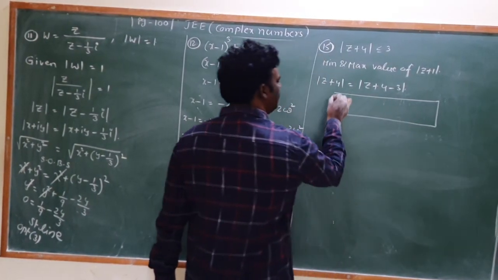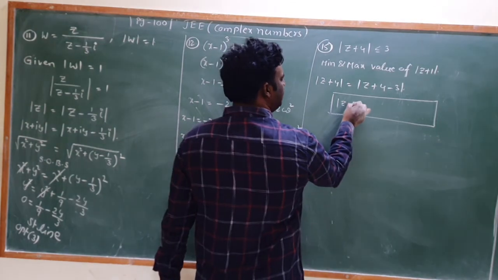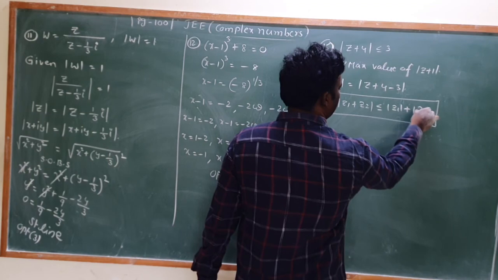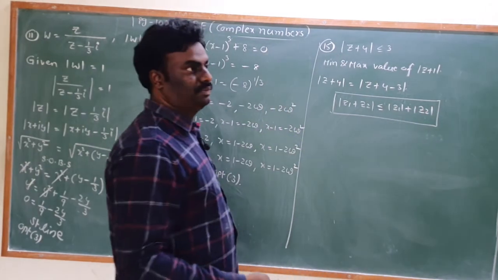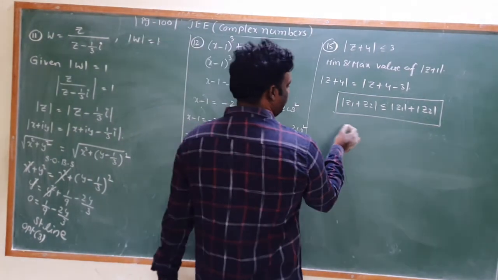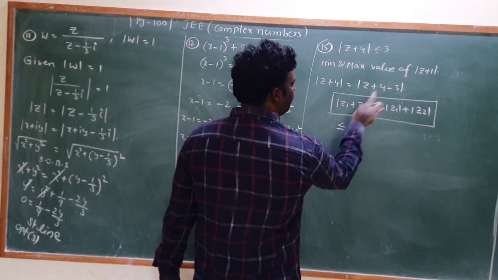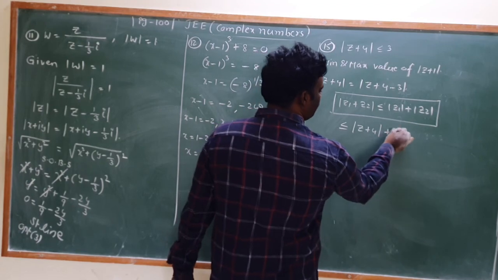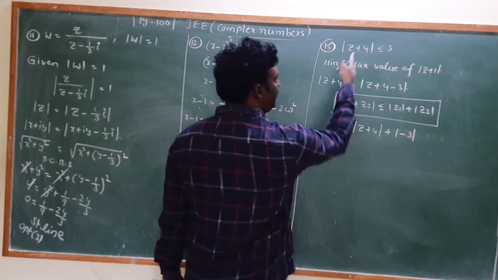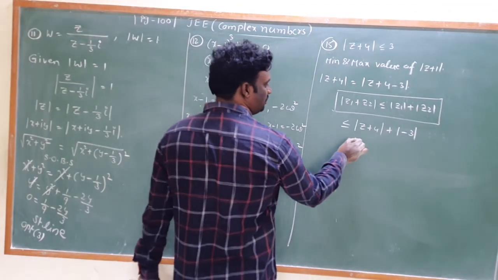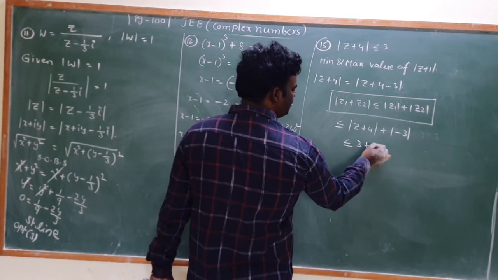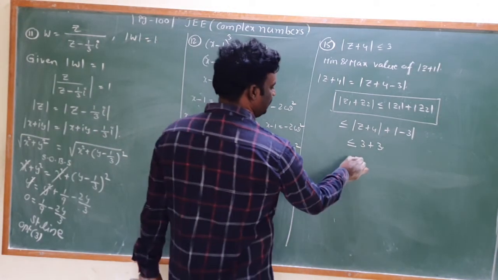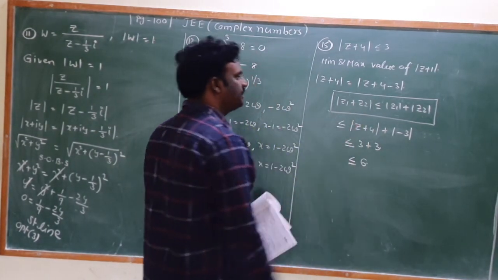So, we have one formula: modulus of z1 plus z2 is less than or equal to mod z1 plus mod z2. I am applying this concept. Therefore, that is less than or equal to mod z1, which means the first number, z plus 4, and z2 means minus 3. Already z plus 4 is less than or equal to 3, plus 3. Okay, then what will you get? Less than or equal to 6.